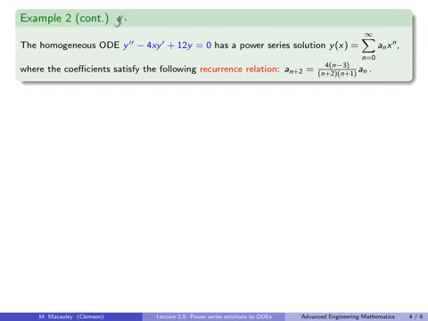Now notice that if the power series y of x is a_0 plus a_1 x plus a_2 x squared plus a_3 x cubed, and so forth, notice that y of 0 equals a_0, and y prime of 0 equals a_1. So if we think about what this means, a_0 is like the initial position.